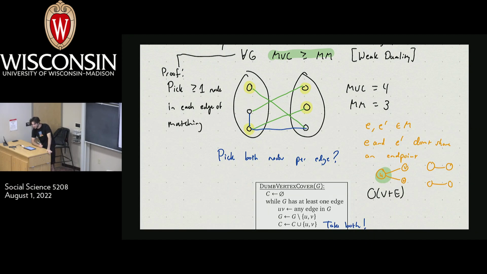And so if the 2 edges are completely separate, you have to take at least one node touching both of them. So for every single edge, you need at least one equivalent node to cover it. So that's the idea.